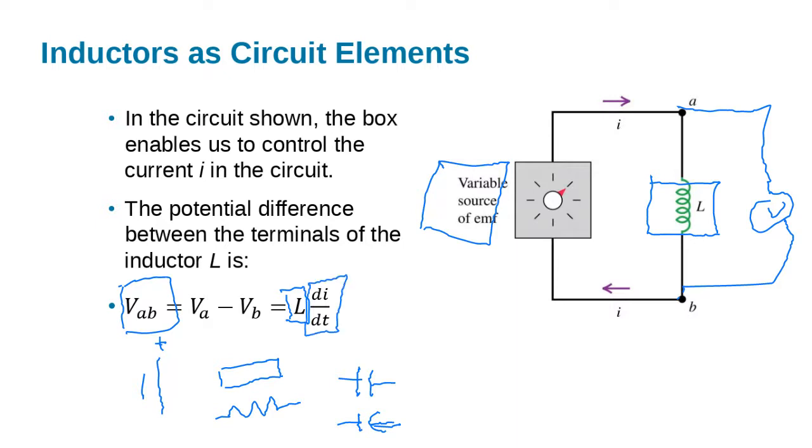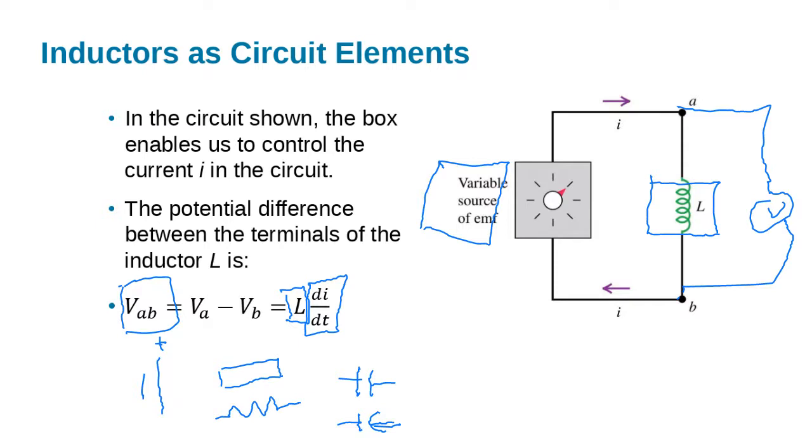So we're only going to see a voltage over the inductor when we've got some change in current through it. This is for an ideal inductor with no internal resistance. An ideal inductor has no resistance associated with it.